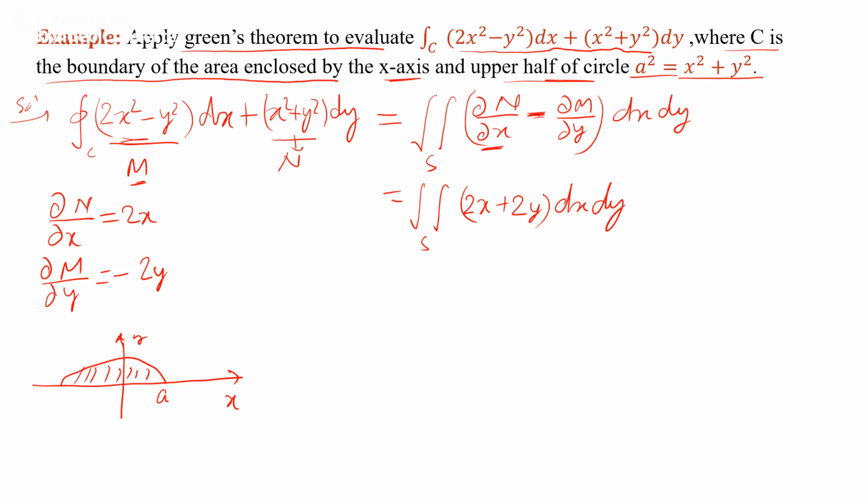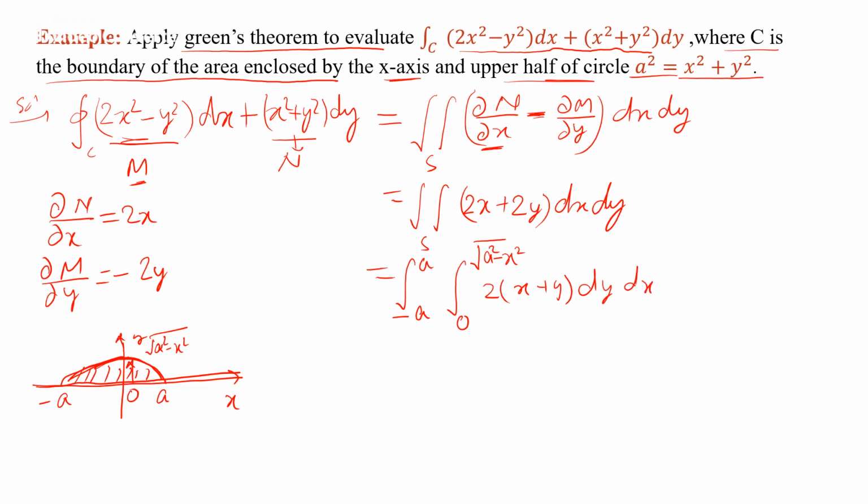Here x varies from minus a to a, and y varies from 0 to root a square minus x square, because we are taking the upper half, the upper part of the x-axis. The integrand is 2x plus y dy and dx.